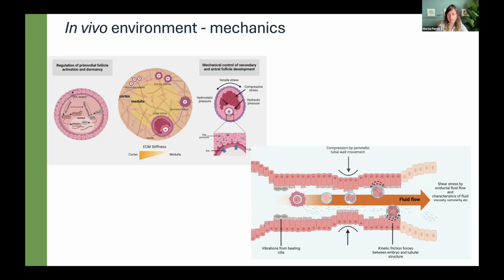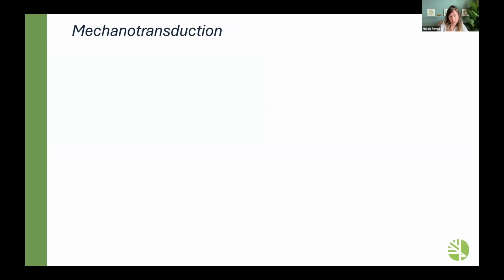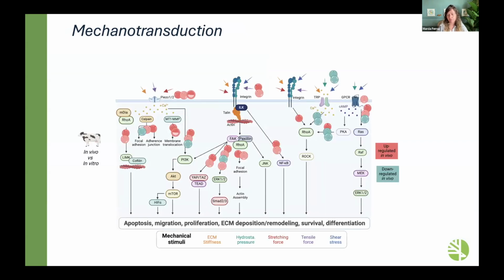So to understand that better, we first analyzed mechanotransduction. These are pathways that sense those mechanical forces and translate them into a response, between in vivo and in vitro produced embryos for cow in different stages. And what we saw was that most of those pathways, mediated by piezo receptors, integrins, TRPs, or GPCRs, were upregulated in vivo and downregulated in vitro in most of the different stages, with the exception of some pathways that were actually downregulated in vivo.